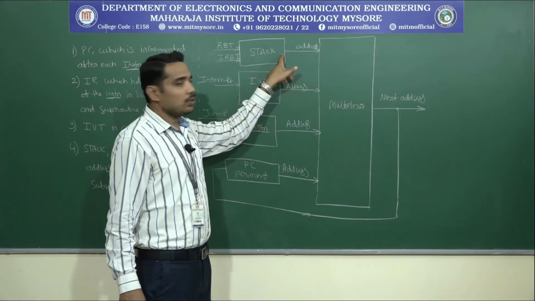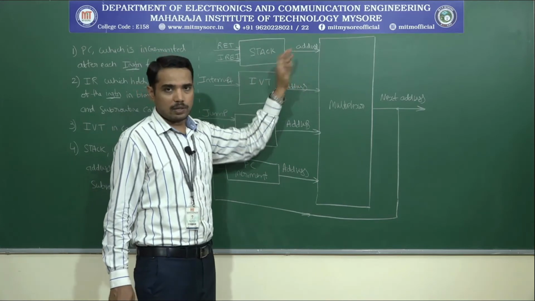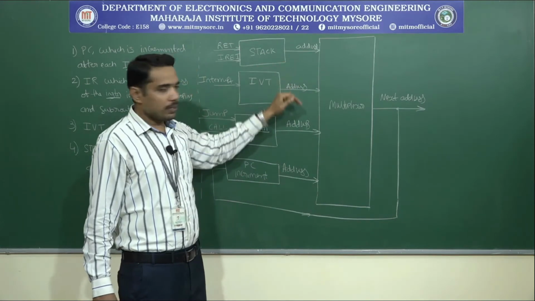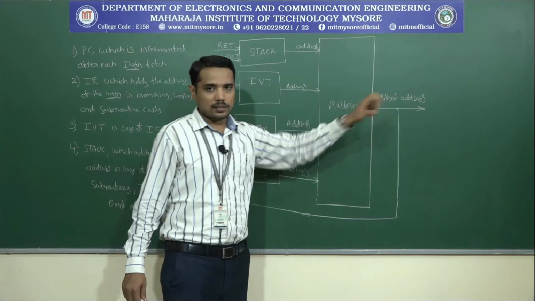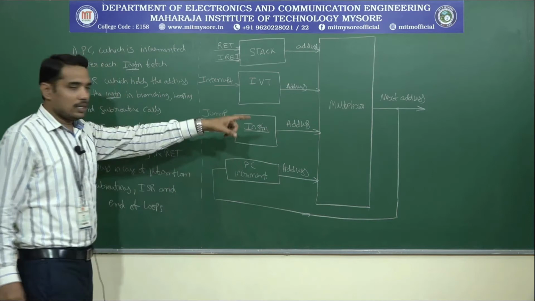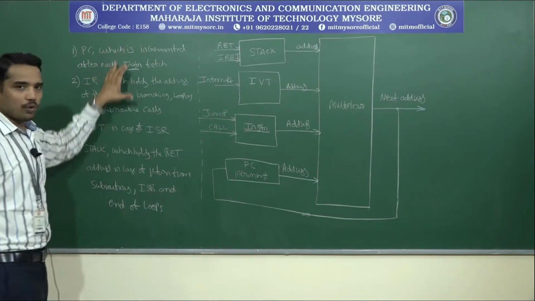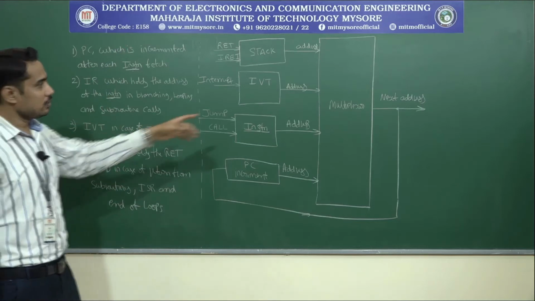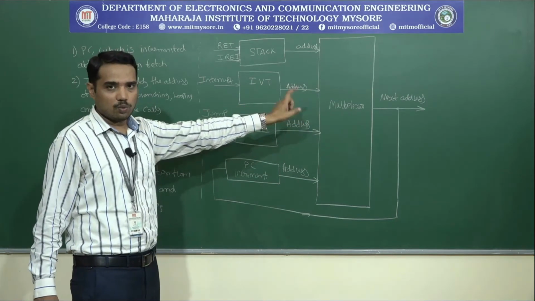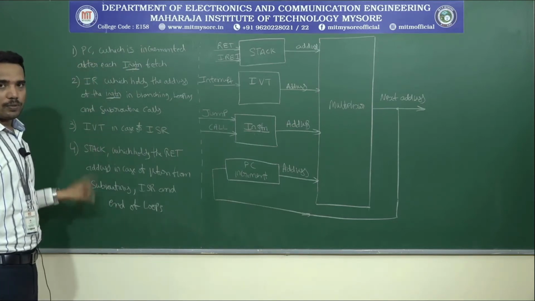Here the output of all 4 blocks is a particular address. On that basis, the next address is going to be generated. The next address calculation is based on any one of the 4 cases. This many to one mux is going to work on the basis of any one of the 4 cases.